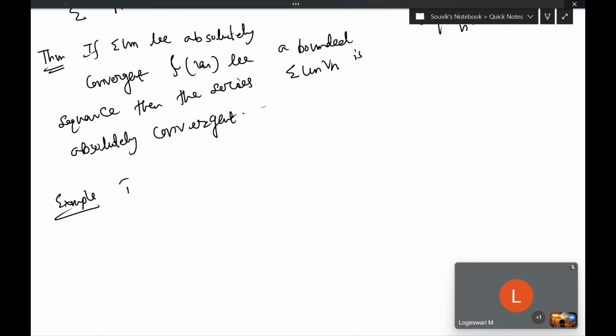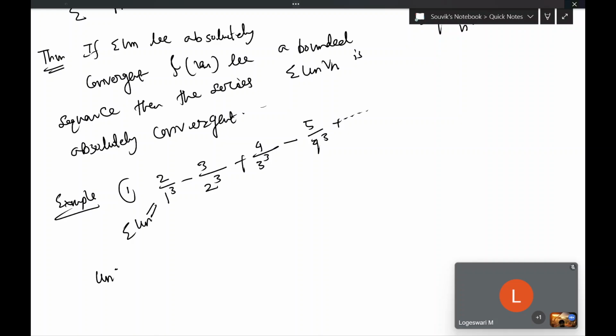First example: consider the series 2 by 1 cubed minus 3 by 2 cubed plus 4 by 3 cubed minus 5 by 4 cubed plus and so on. Suppose this series is summation u_n. Then observe that u_n is minus 1 to the power n plus 1 into n plus 1 by n cubed. This is equal to minus 1 to the power n plus 1 by n squared into 1 plus 1 by n.